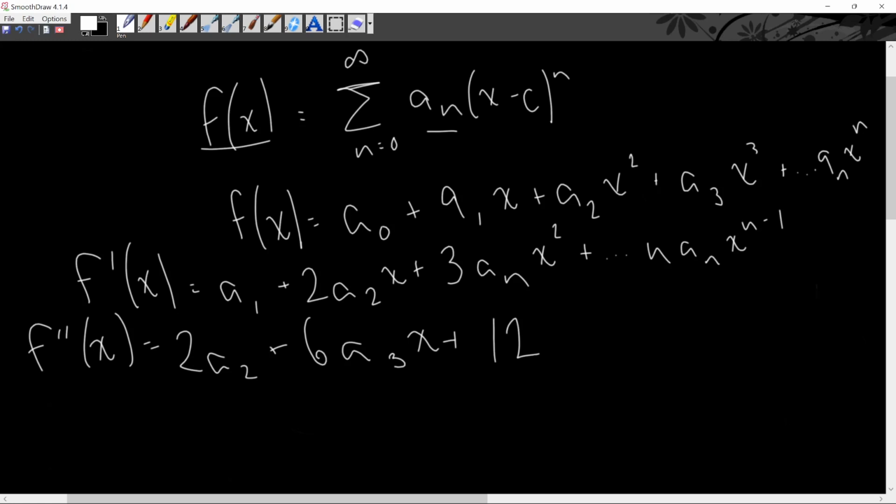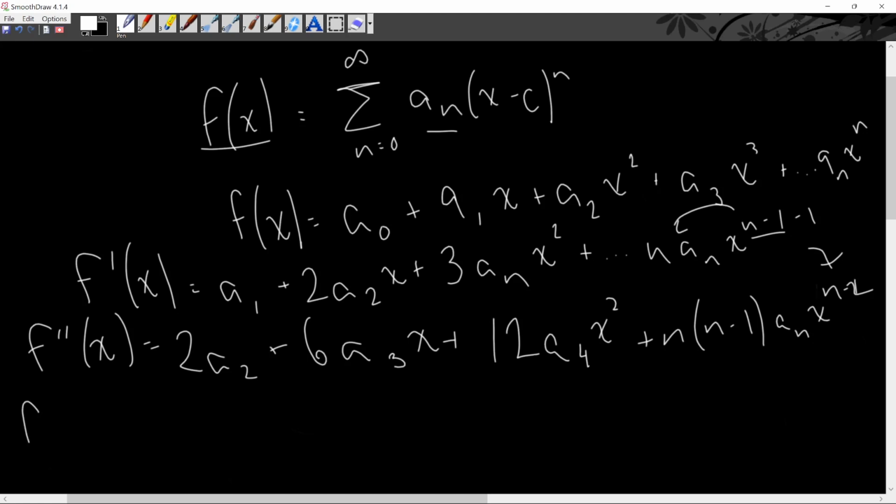Yeah, no, I'm not going crazy. It's definitely 12. So it's going to be 12 a sub 4 x cubed, or sorry, squared, because this is 4x cubed, and then you took that derivative. So now this is equal to n times n minus 1 times a sub n x to the n minus 2. We had to multiply this to that and then subtract 1 to get this.